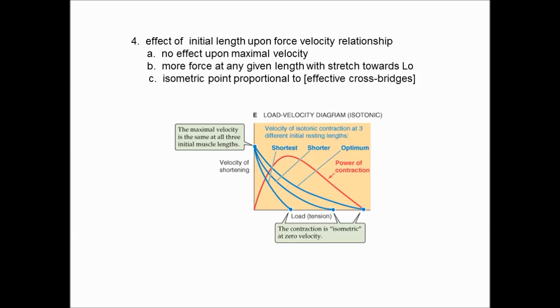If you stretch that muscle so you have fewer cross bridges that can form, it won't be able to lift things as well at heavy loads, but with no load, it's going to be just as effective as a muscle with many cross bridges. So it turns out the Vmax is not affected by initial resting length, but the isometric point is.